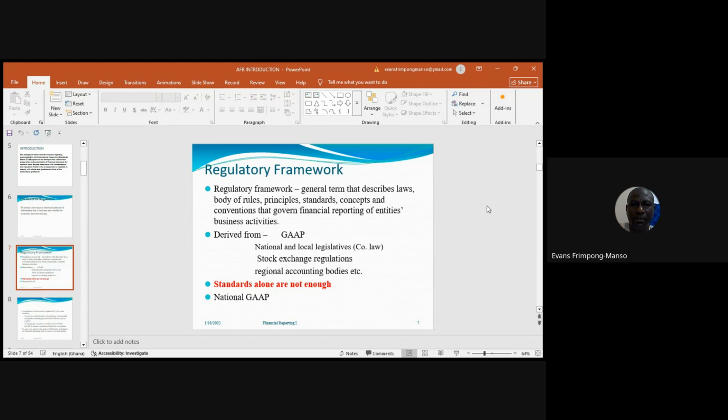Typical among these is the application of the standards set by bodies like the International Accounting Standards Board. They have set out the International Accounting Standards and the International Financial Reporting Standards. So these standards serve as a regulatory regime for accountants when preparing the financial statements.